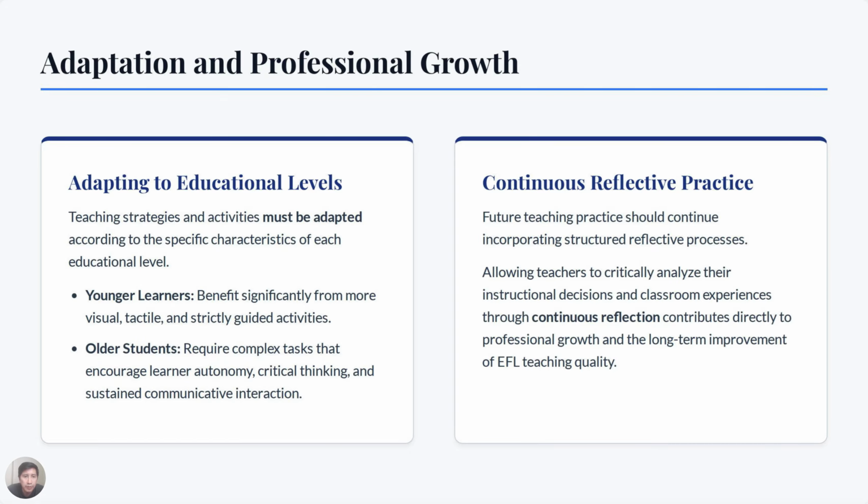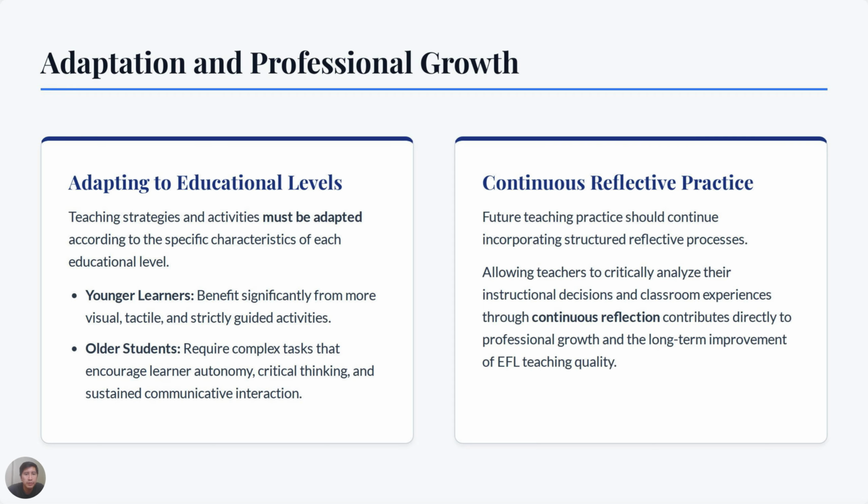Adaptation and professional growth. It is vital that the teaching strategies and activities adapt to the characteristics of each level. We recommend that educators design more visual and guided activities for young learners, while for high school students, tasks that foster autonomy, critical thinking, and complex communicative interaction should be required.